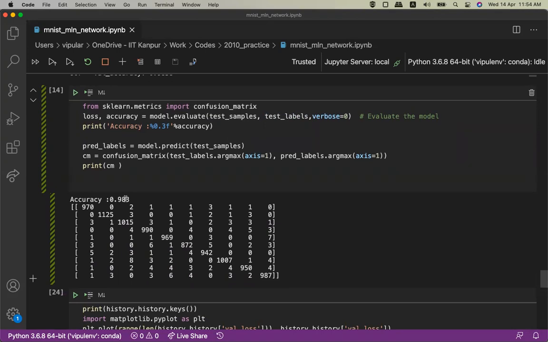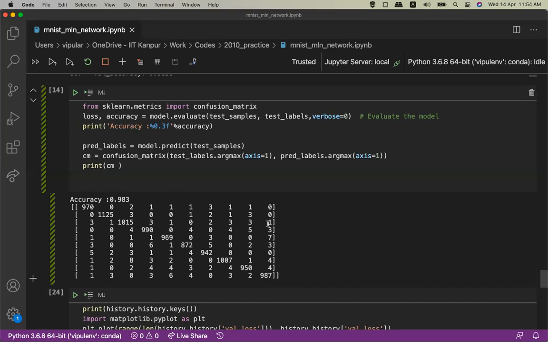Which classes is my network finding difficult to identify? So you can see here, these are the class-wise results: 0, 1, 2, 3, 4 up to 9. The rows represent my ground truth values, and the columns represent my estimated values.